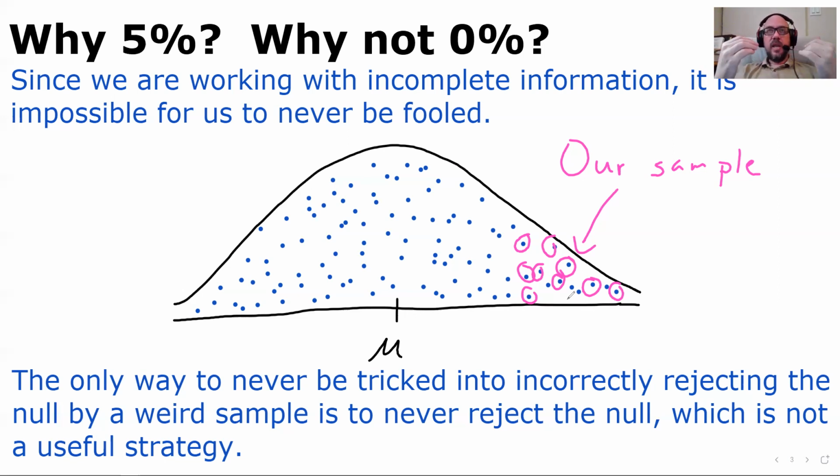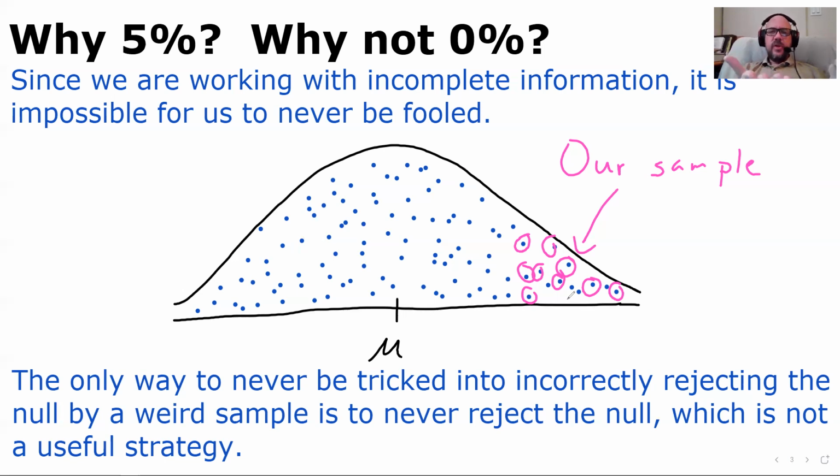Setting alpha really tiny is equivalent to being really cautious about rejecting the null hypothesis, and if you're too cautious, there will be times when you should have rejected it and you didn't. That'll cause you to make a ton of type 2 errors, which are in their own way just as bad as type 1 errors. It's just that we don't usually deal with them. Maybe I'll elaborate on that a little bit later.